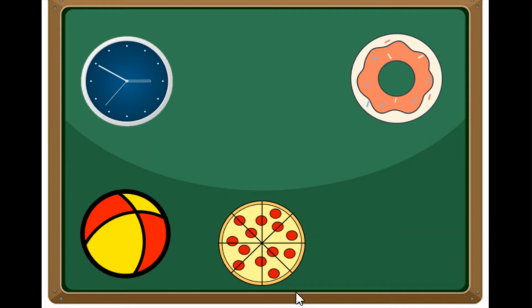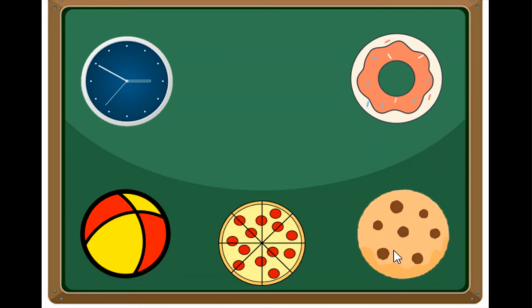What is this? Alright, it is a pizza. What is this? Very good. It is a cookie.